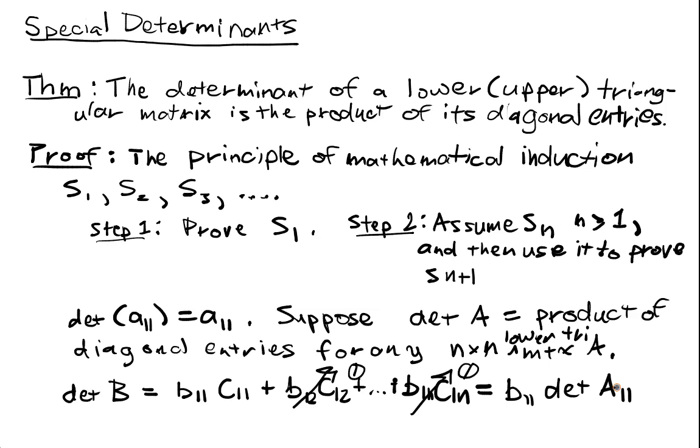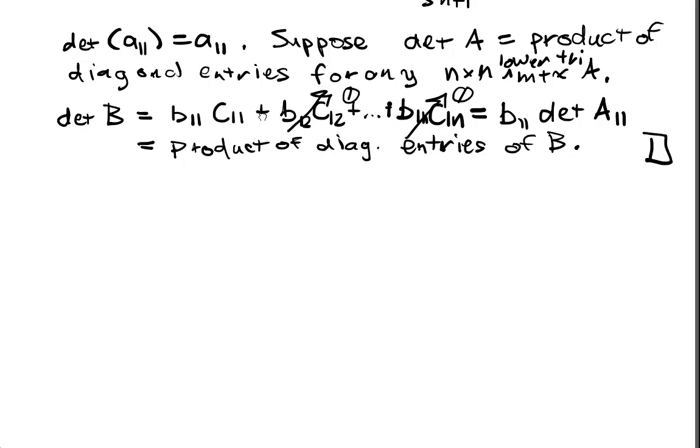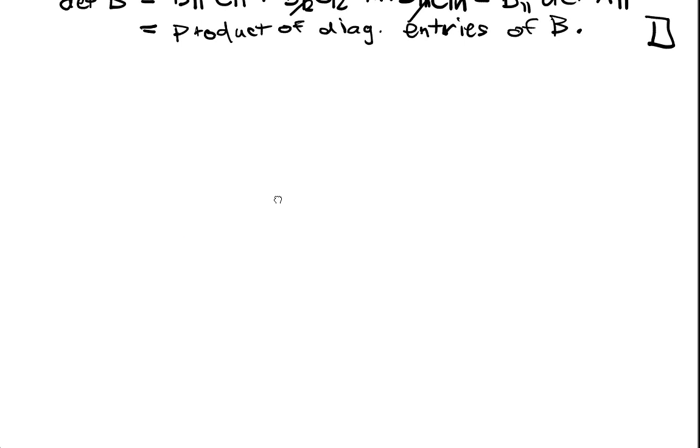But the diagonal entries of A11, because we just removed the first row and first column, are the diagonal entries of B after B11. And so this is equal to, in the long run, the product of the diagonal entries of B. And that's the proof. That's it. Pretty simple. And we can use this to actually calculate the determinants of our elementary matrices, which is kind of cool.